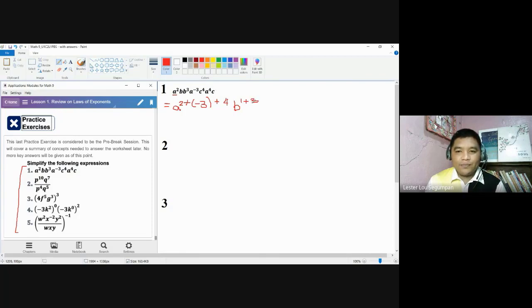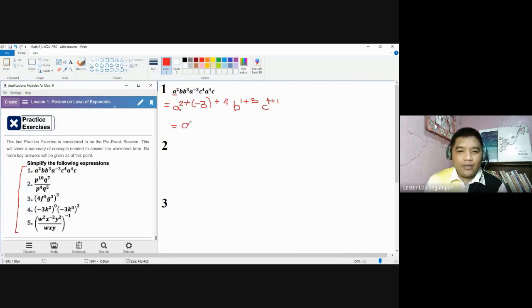So add here 3. Only add the exponents of the same bases. Lastly, c to the power of 4 plus the exponent of the remaining term for c, which is again 1. And then right after this, we simply need to simplify the exponents and we will get our result.